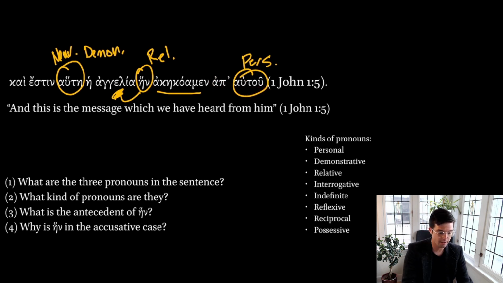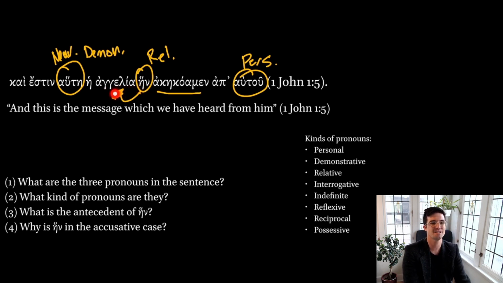So going down to the antecedent of hen. Remember, a relative pronoun is going to have an antecedent that it matches in gender and in number. So this is an accusative feminine singular, and the word right before it, he angelia, is, sorry, not accusative, feminine nominative singular.